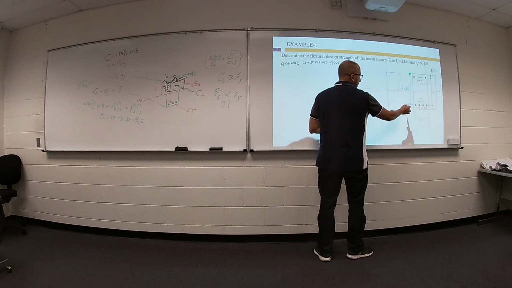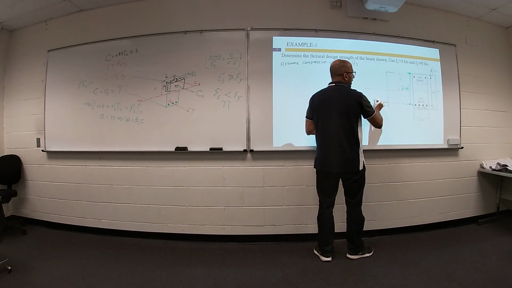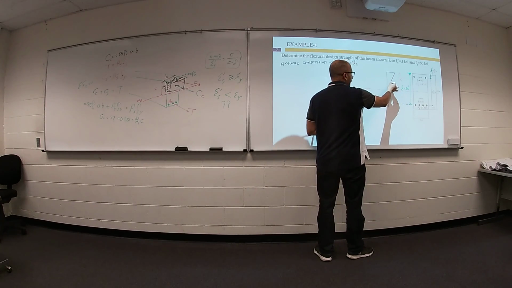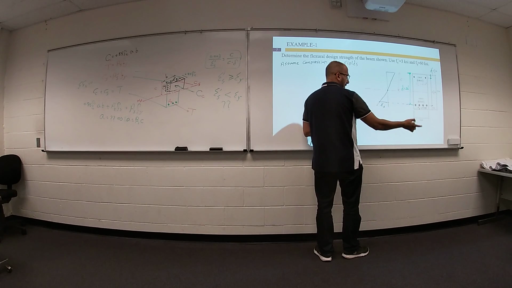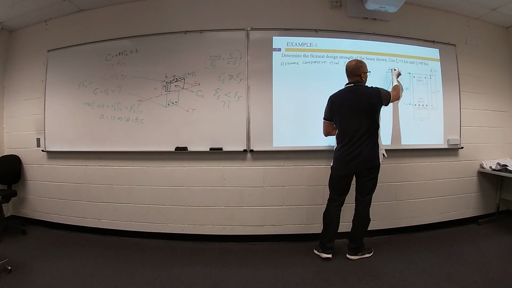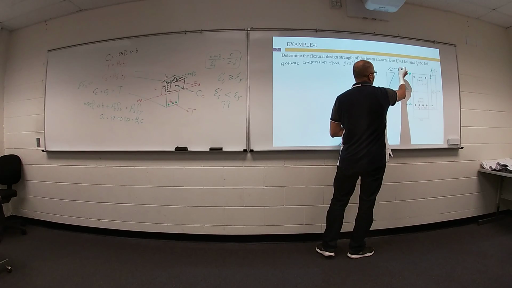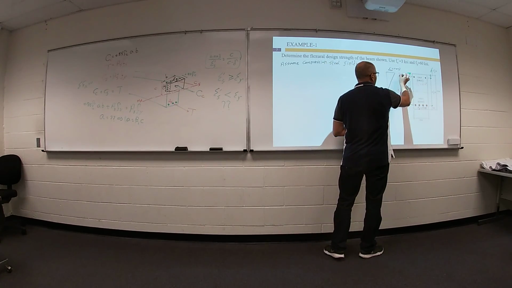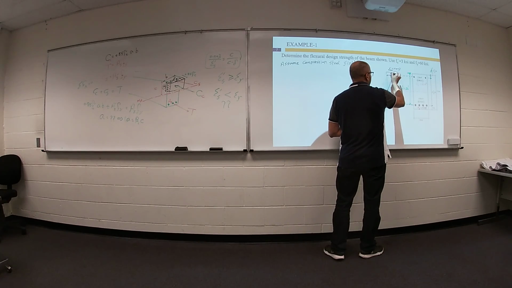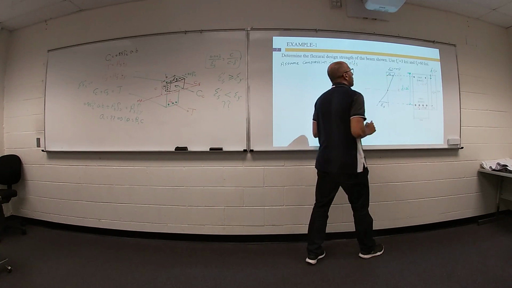Compression, tension, and at this location 0. So we have epsilon steel in tension, and we have epsilon concrete, C ultimate, equal to 0.003 according to ACI. At this location, we have epsilon steel prime.